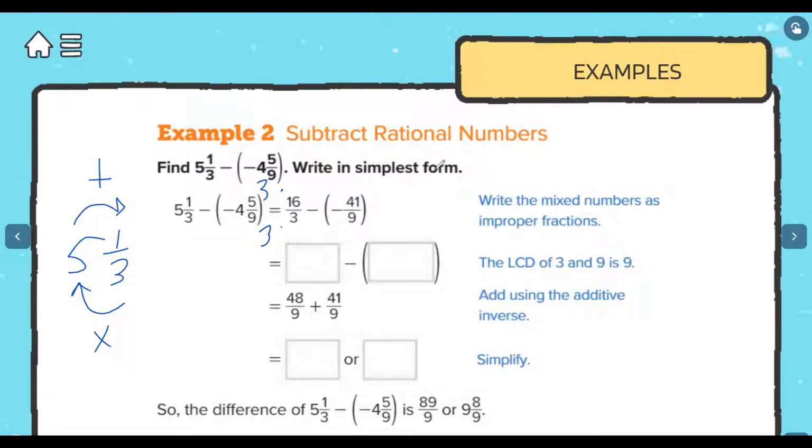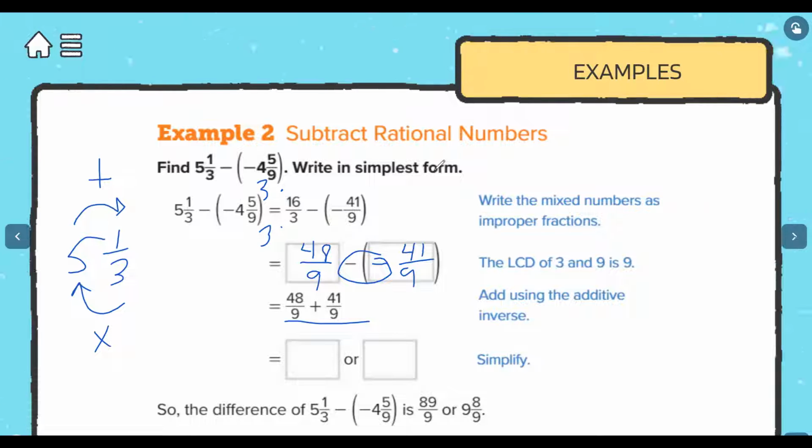So 16 times 3 is 48 over 3 times 3, 9, minus negative 41 over 9. Okay, we need to change our sign. So 48 over 9 plus 41 over 9.